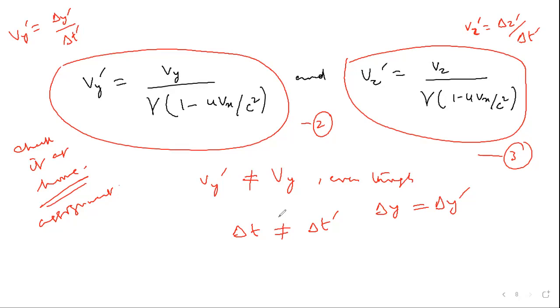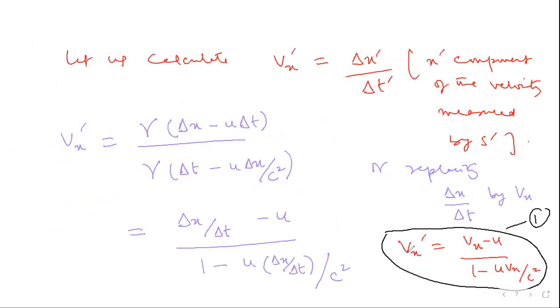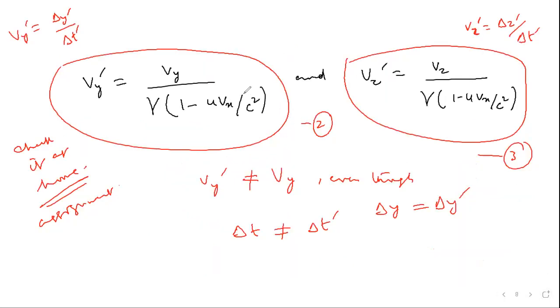Be sure to note that the denominators of all the three equations include the factor Vx. You can see in this denominator you have factor Vx, and in the other two equations there is also a factor of Vx.